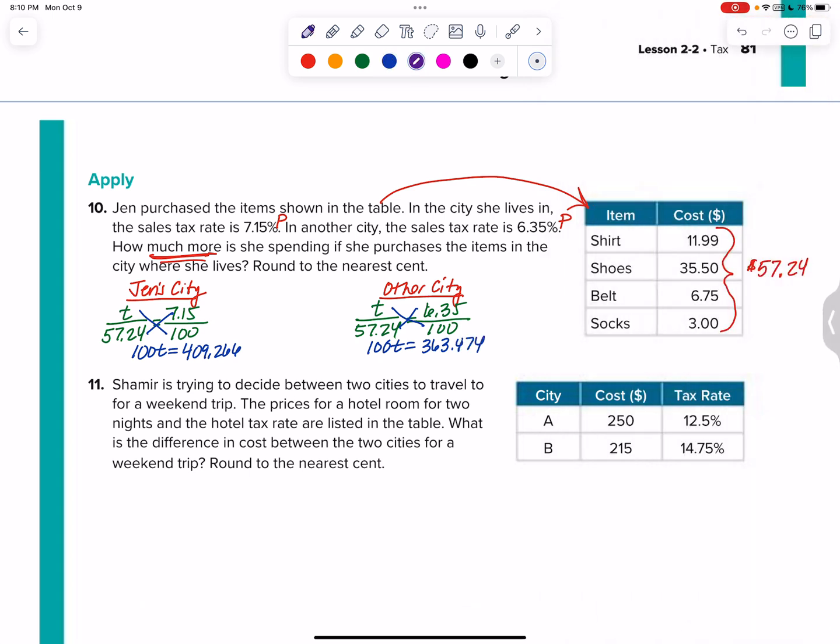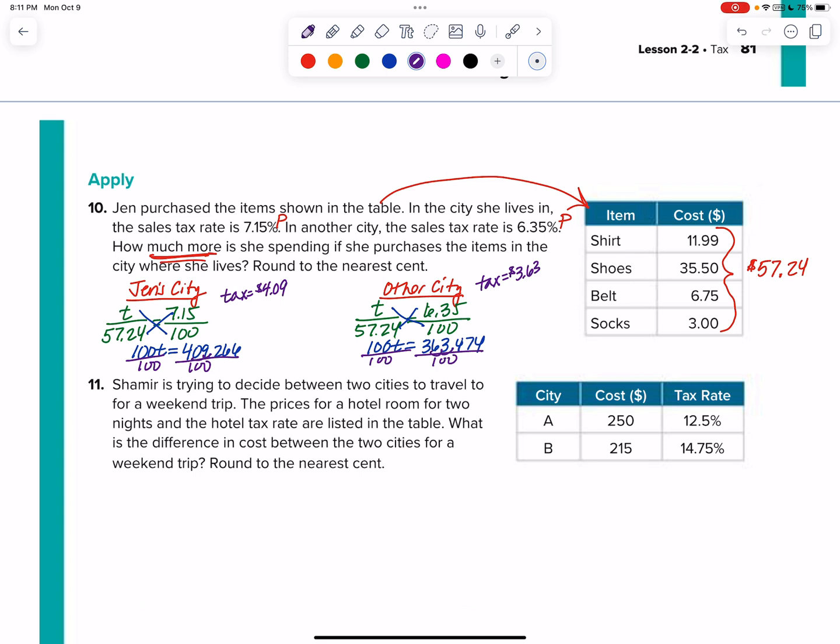Let's isolate the variable. Divide by 100 on each side. And I have a tax equals 4.09, and a tax equals 3.63. So there's my tax on both of those.